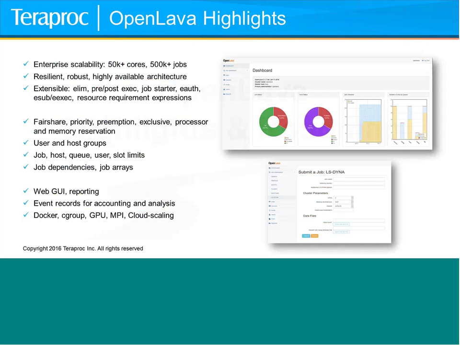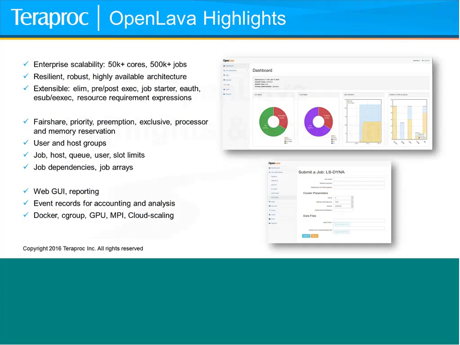Okay, thanks, William. So just looking at it from a top-down perspective, in working with customers, the first thing they ask is, how close is OpenLava to LSF?